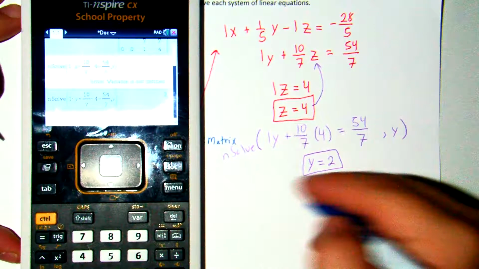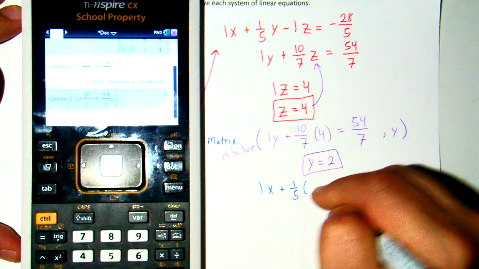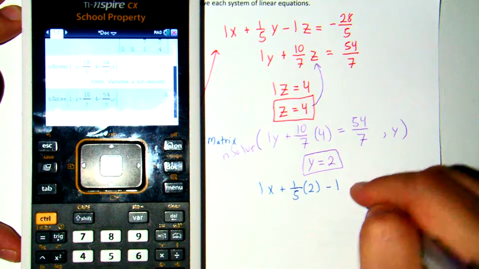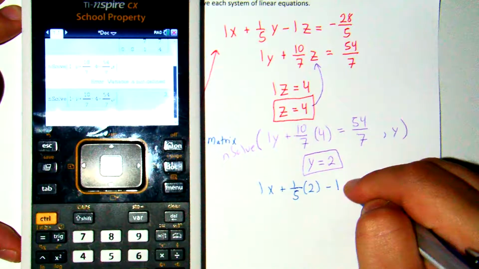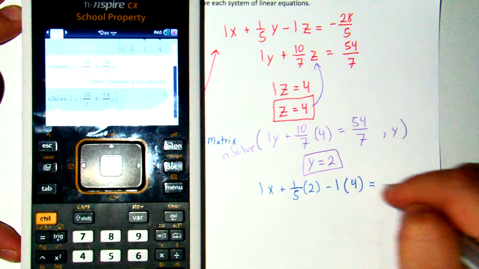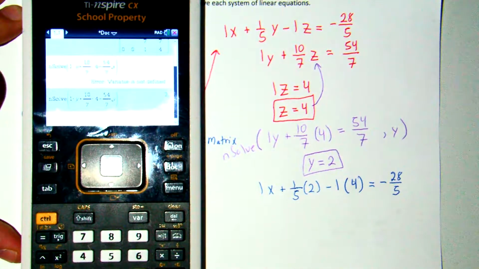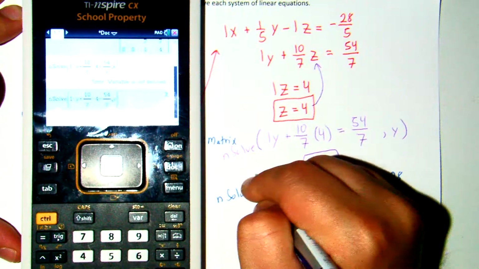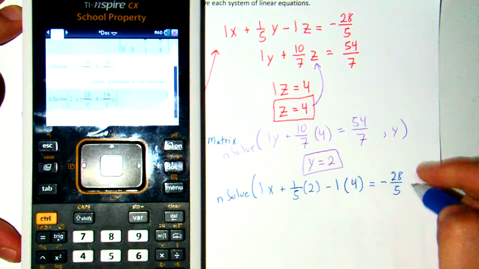Okay, so we get 1x plus 1 over 5 times 2 minus 1z, so minus 1 times, in parentheses 4, and equals negative 28 over 5. Yet again, let's nsolve this, comma, now this time it's going to be x.